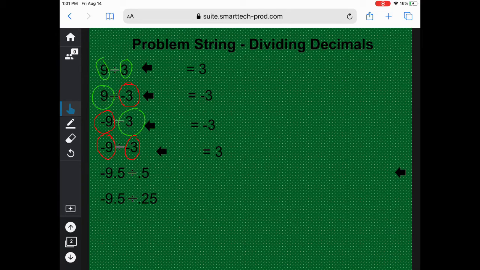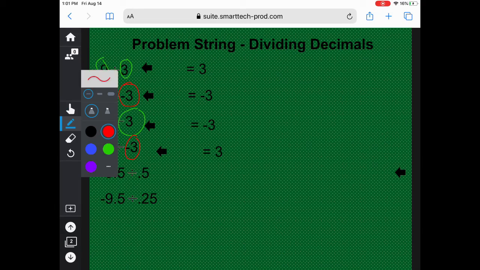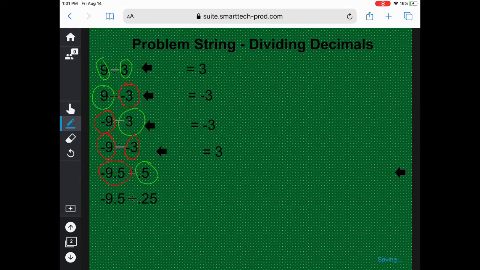And now what we have here is 0.5. So we need to figure out how many times can 0.5 go into 9.5. But here we have a negative and we have a positive number. So we should get a negative number. So we get negative 19.